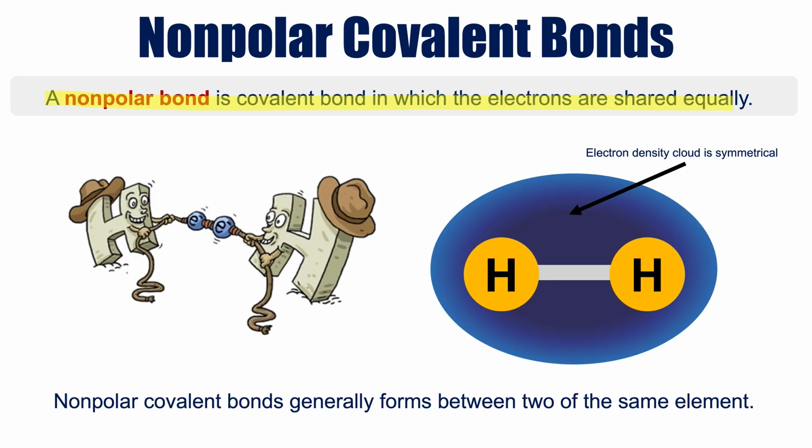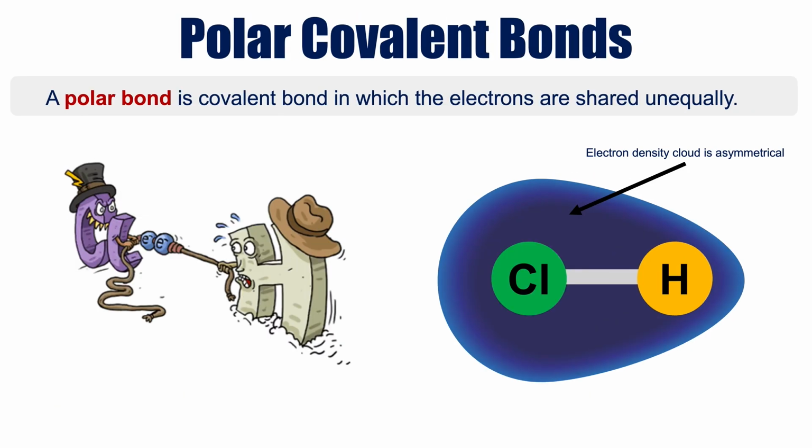You can see on the image on the right for this bond between the two hydrogens, the electron density cloud is symmetrical because those electrons are being shared equally back and forth between those two elements. The other type of covalent bond is going to be a polar covalent bond.